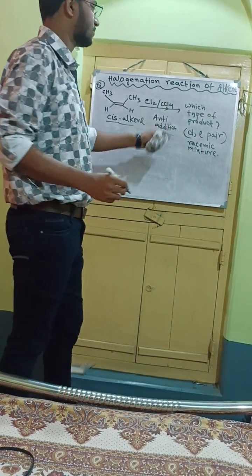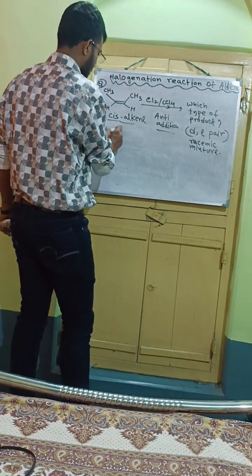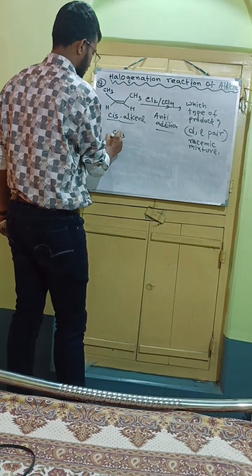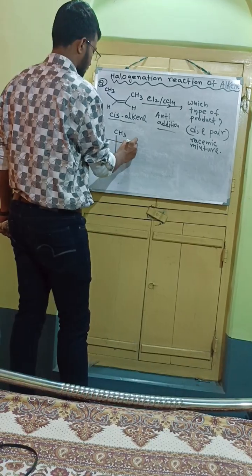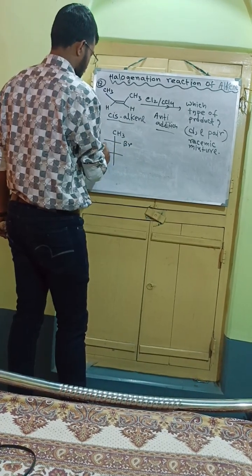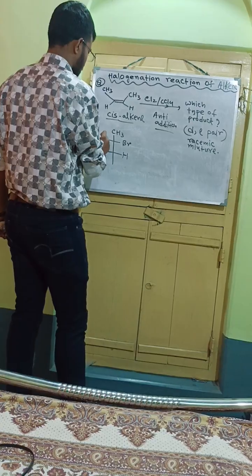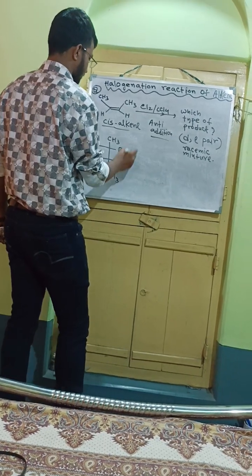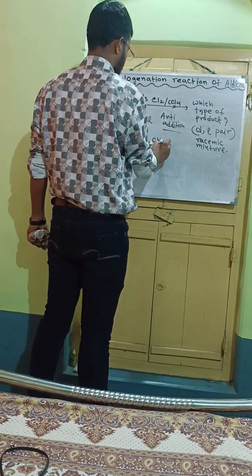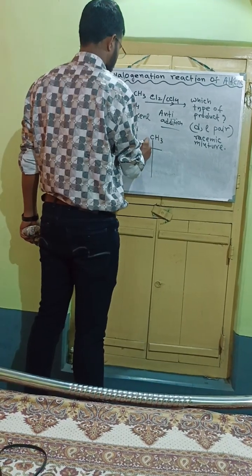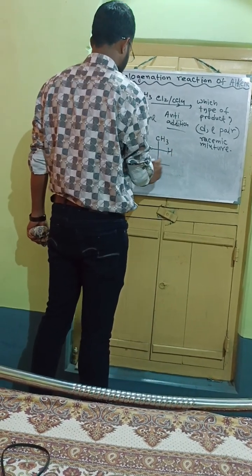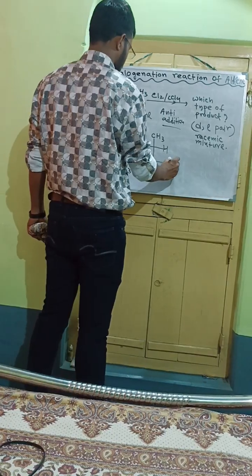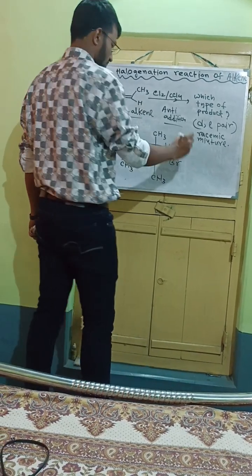Actually what type of product is exactly found here, that is CH3, Br, H, CH3 and CH3, Br, H, Br, CH3. Clear?